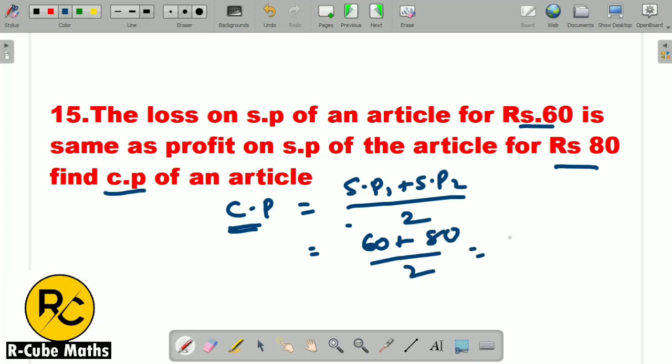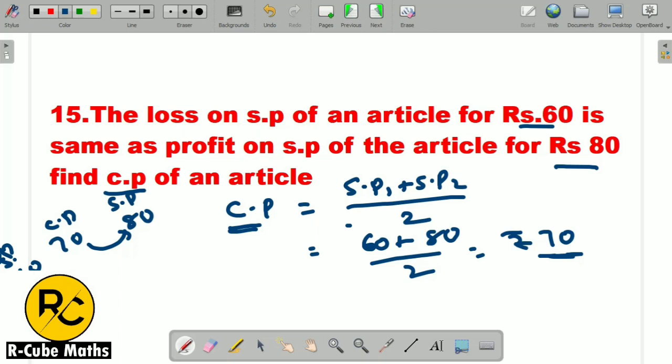So we get 140 by 2, means 70 rupees. Cost price is 70 rupees. If it sells at 80 rupees, we get 10 rupees profit. If it sells at 60 rupees, we get 10 rupees loss. So this is very simple. It is better to find just the average of the two selling prices.